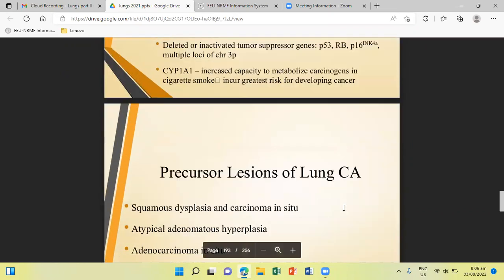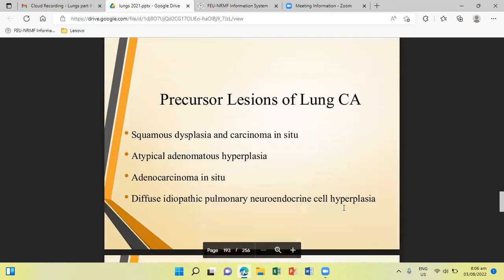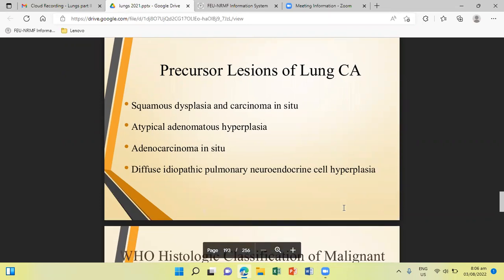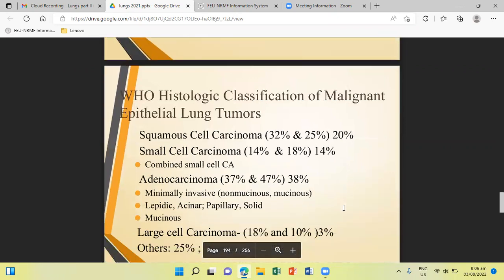So when we go to precursor lesions of lung cancer, these are the usual: the sequence of metaplasia, dysplasia to carcinoma, or atypical adenomatous hyperplasia to AIS, or basically neuroendocrine cell hyperplasia. Adenocarcinoma is often seen in women, and it is usually not associated with a history of smoking.